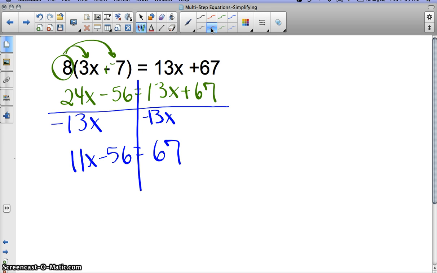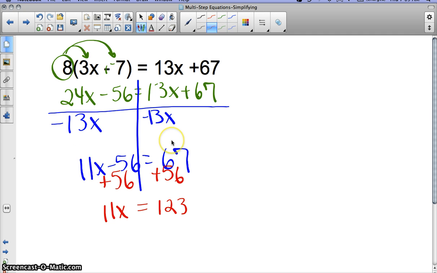Switch over to red this time. And we just add 56 to both sides. And what do we come up with? 123. Ew, this one doesn't come out nice. I apologize. That's 67. It's supposed to be a 65.